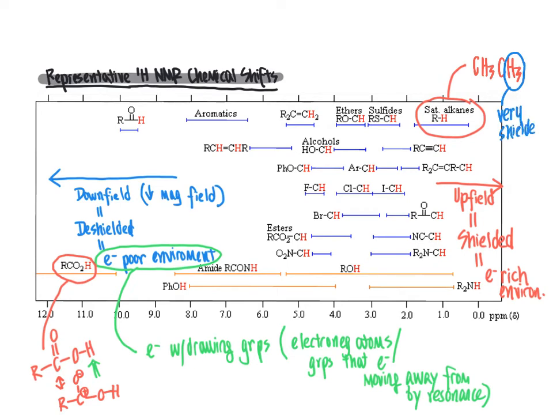And the reason this is very shielded is because alkyl groups are electron donating by induction.